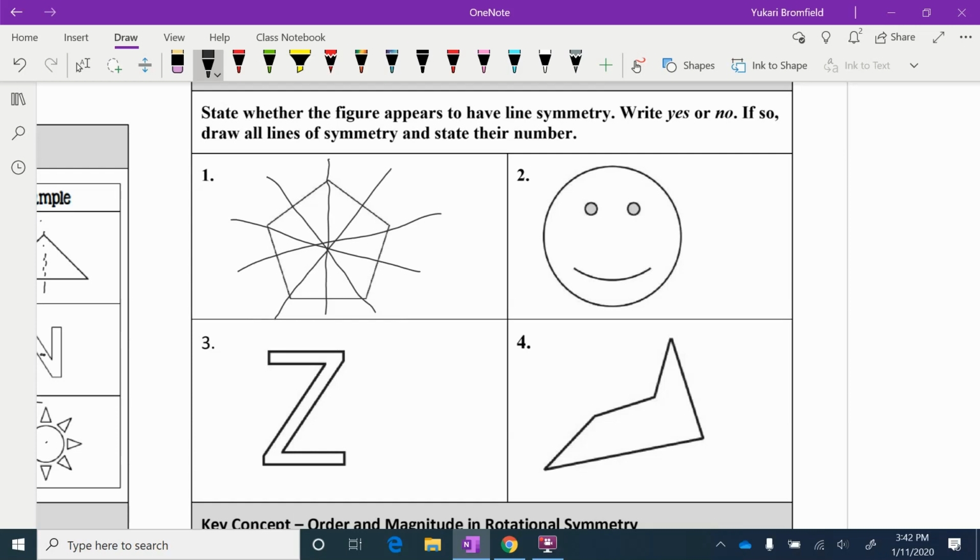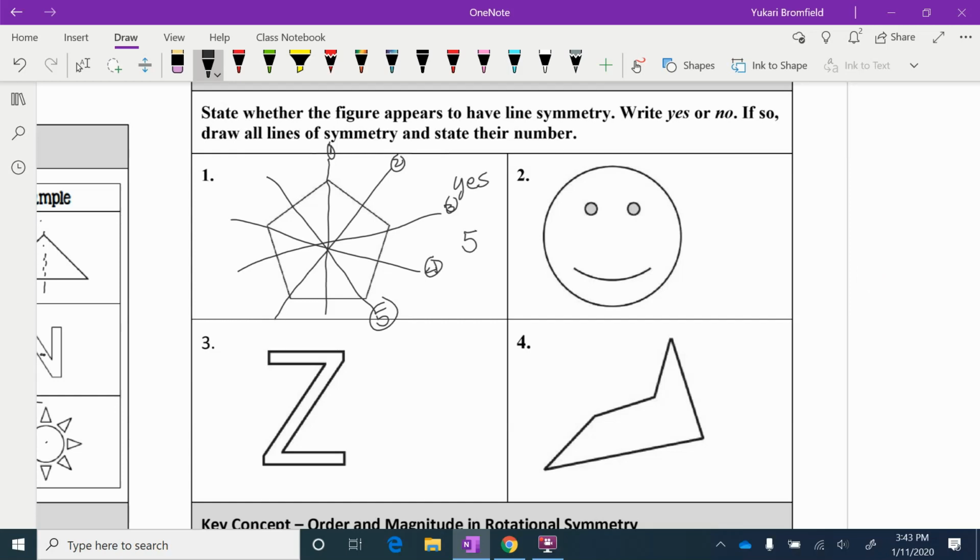And so this one does have a line symmetry. And so here I have 1, 2, 3, 4, 5 distinct lines. Okay, so that means that we have 5 lines that we can draw.